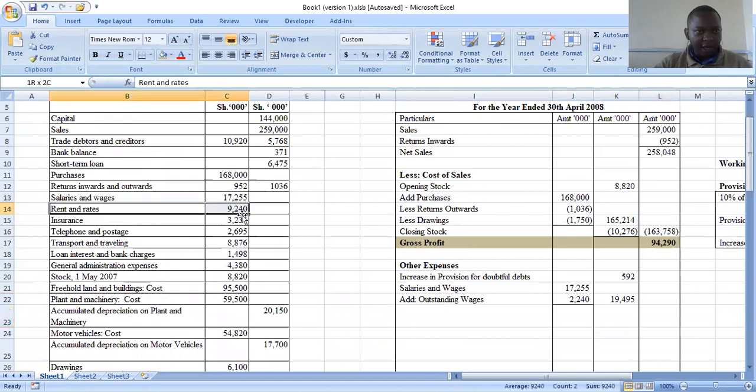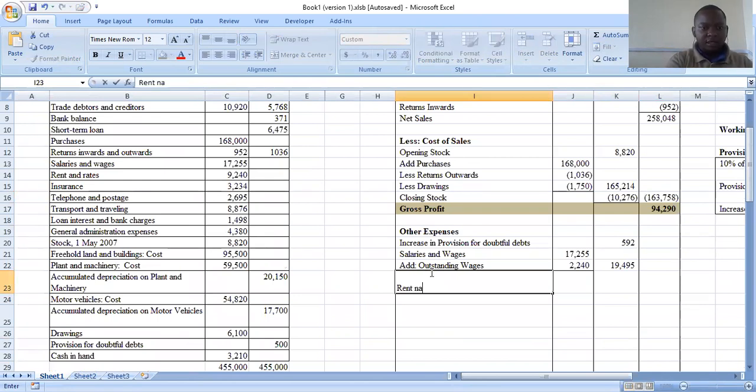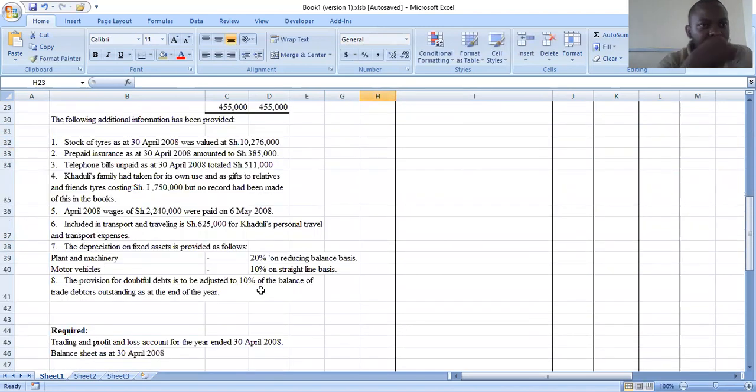So the other expense we have is rent and rates. Do we have any additional information for rent and rates? Any additional information for rent and rates?